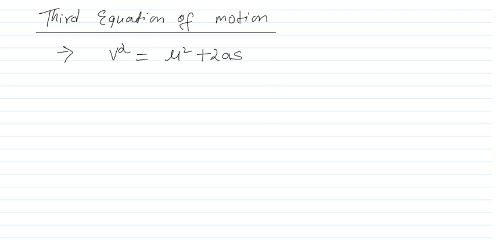From the second equation of motion, s is equal to ut plus half at square, and from the first equation of motion we have v equal to u plus at, and we can also write this equation as v minus u equal to at.